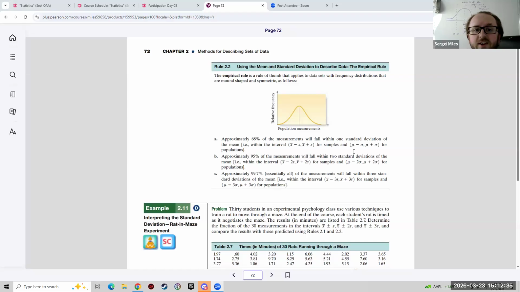So right away, this is telling us more information than Chebyshev had. 68% is approximately there in the middle, plus or minus 1 standard deviation from that middle. All right. If you go out 2 standard deviations, that's approximately 95% of the population. And if you go out 3 standard deviations, this is approximately 99.7, or essentially the entire population. I mean, 99.7, that's pretty darn close to 100%.